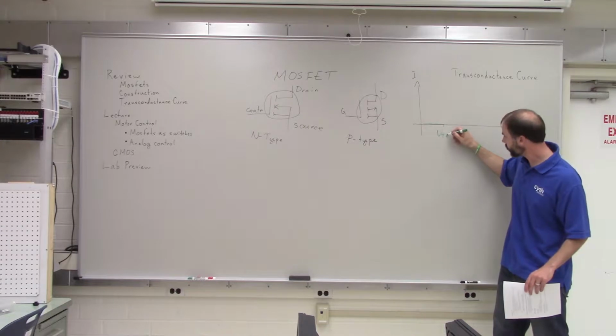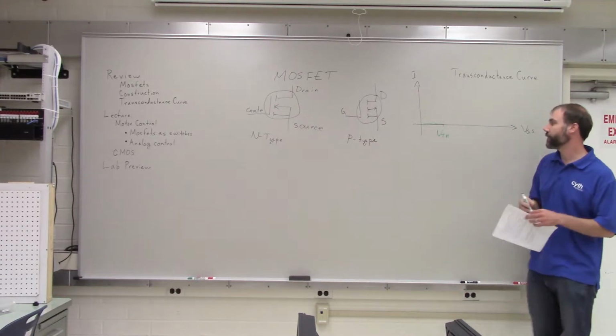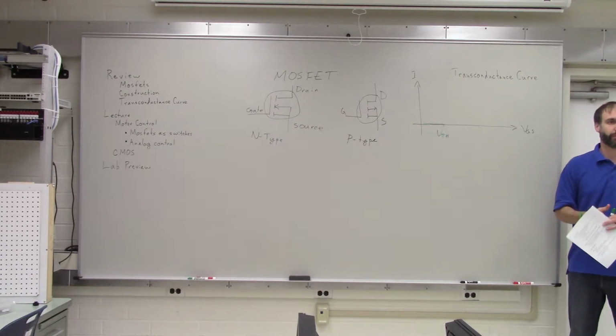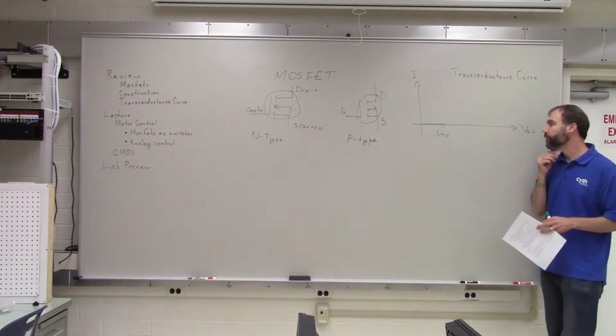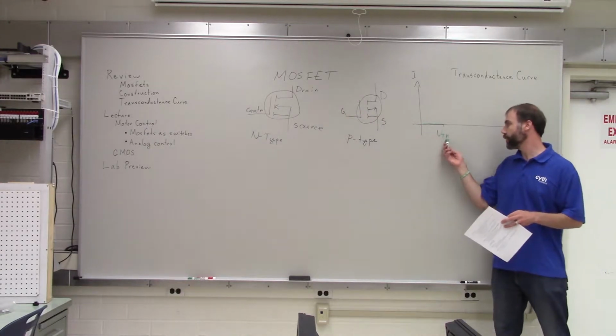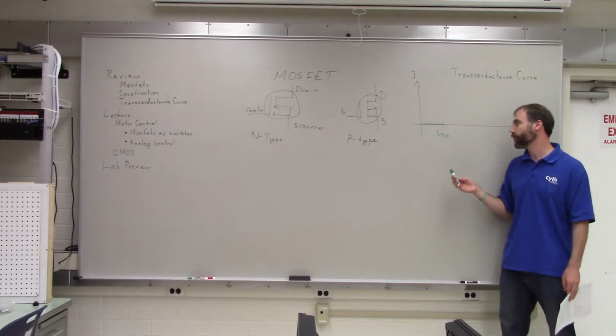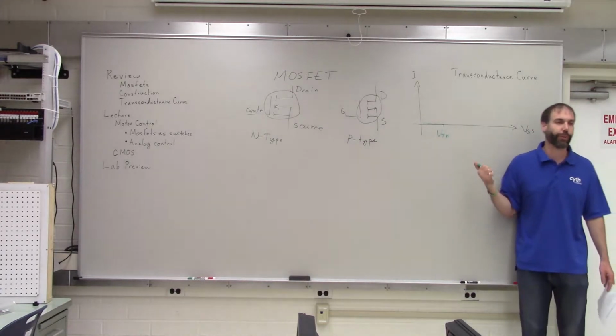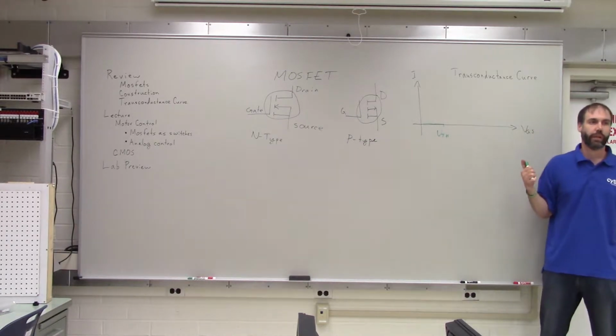So in your lab last time, you guys were able to measure the threshold voltage. And there were also specifications in the data sheet which told you what that threshold voltage was. So it was supposed to be somewhere between 2 and 4 volts according to the data sheet, right?